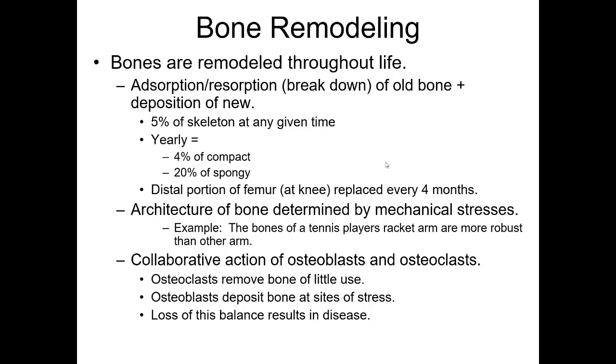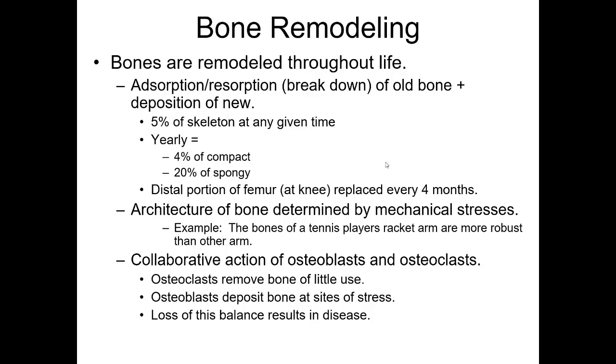Several factors affect bone growth and remodeling. Now these factors include hormones, minerals, and vitamins. Now minerals include large amounts of calcium and phosphorus, and smaller amounts of magnesium, fluoride, and manganese. We're going to talk in the next lecture about vitamins, including vitamins A, C, D, K, and B12.